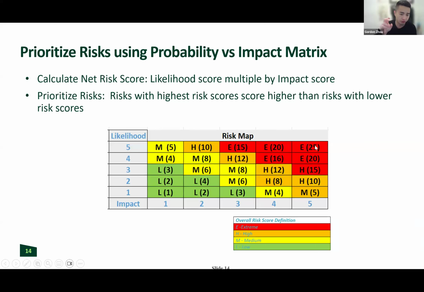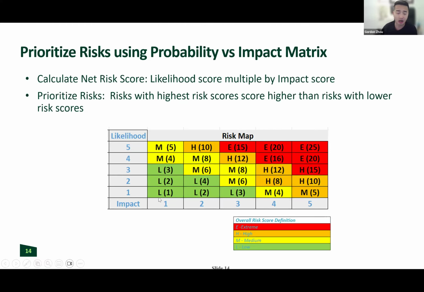So the highest score that a risk can have is 25 using the framework that I have here. Which means that if you have a risk that is 25 or 20 or 16, or really what's in red, it's gonna bubble up. Those are the risks that you're gonna focus your attention on and address first.